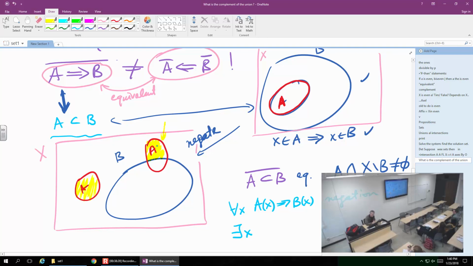Here it is. This is the x. There is an x outside of B, which is also inside of A. So, there you go. There is an x which simultaneously makes A correct and makes B incorrect. Okay? That's the logic that will work out.